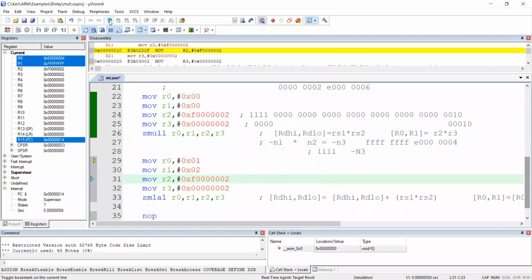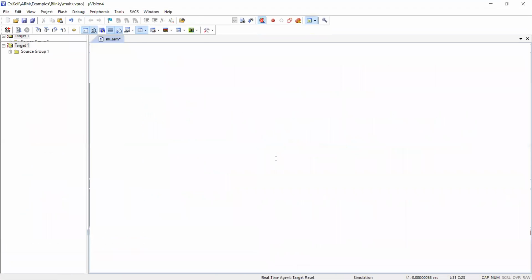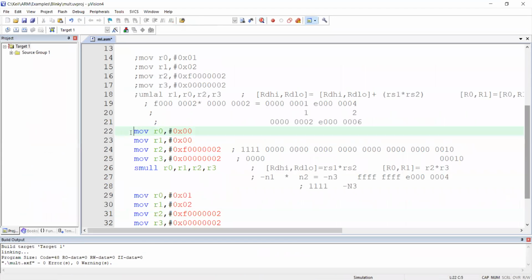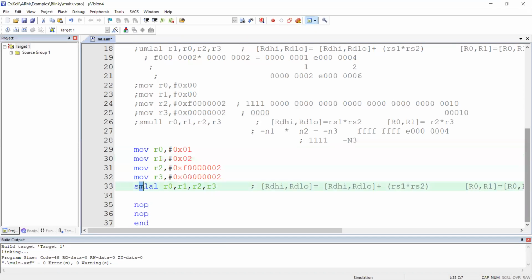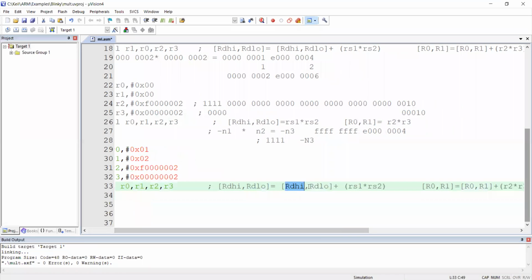Next, here I will go for one more example. I will clear this. Okay, so fine. Now here, multiply and accumulate of two long numbers, and don't neglect their sign. That's the explanation. Since it is a multiply and accumulate, the already existing values in R0 and R1 you should not forget.